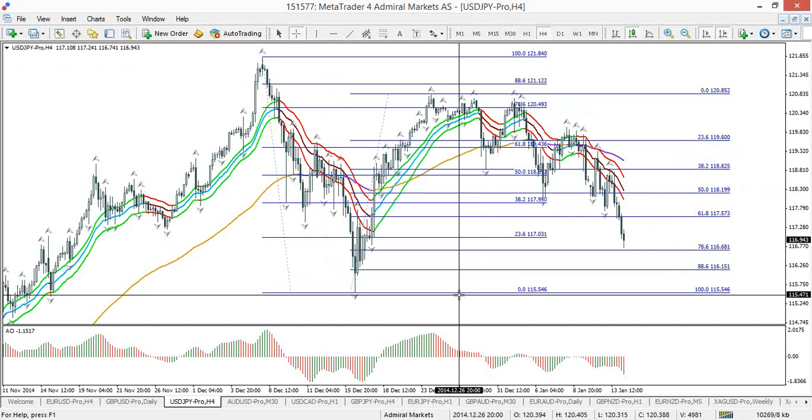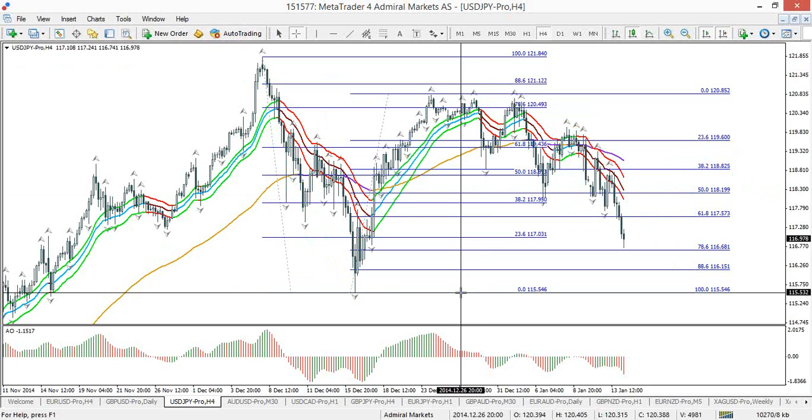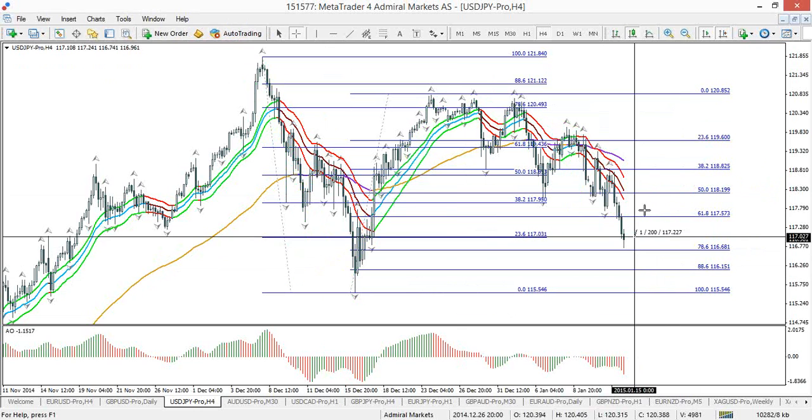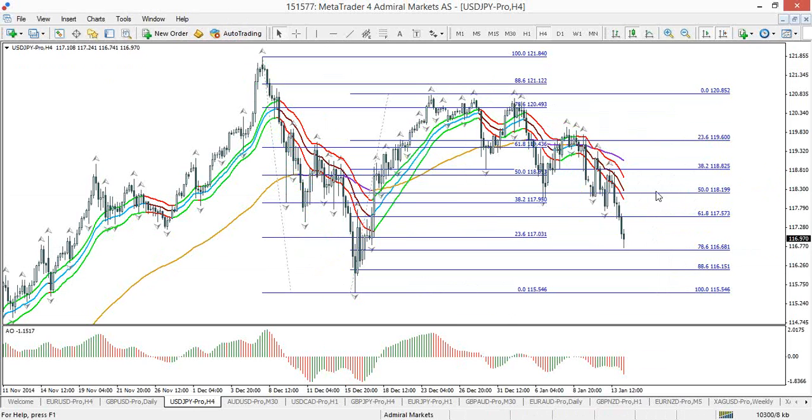A stop loss all the way below the bottom, though, is quite substantial still, around 150 pips. So that means that if we aim for 150, no, if we aim for 118.25, it's about 120. So that's a lower reward to risk than 1-to-1.